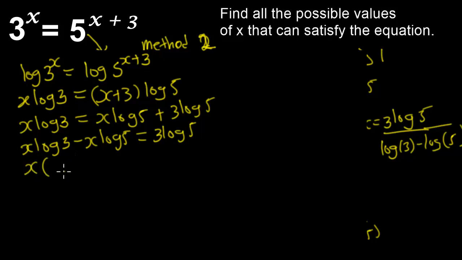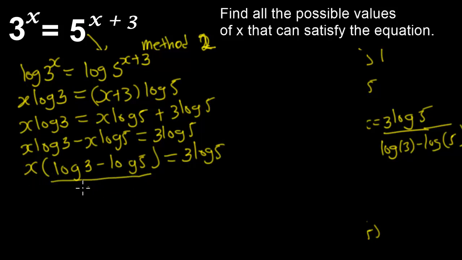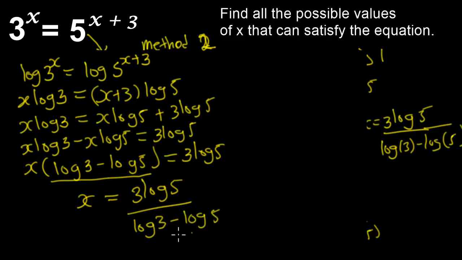So x out, we are left with log of 3 minus log of 5. So this will be equal to 3 log 5. Now we want x, so let's divide both sides by this expression. So x will be equal to 3 log 5 all over log of 3 minus log of 5. So this will be our answer for method 2.